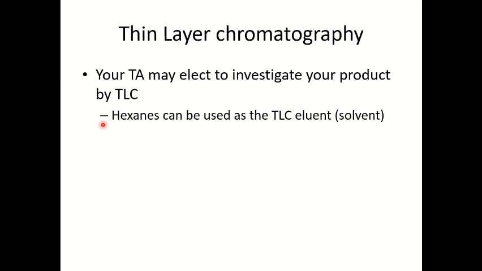Each of them may have different polarity, and as a consequence, they will run more or less depending on the isomer, and then you will be able to differentiate all of these spots in the TLC.